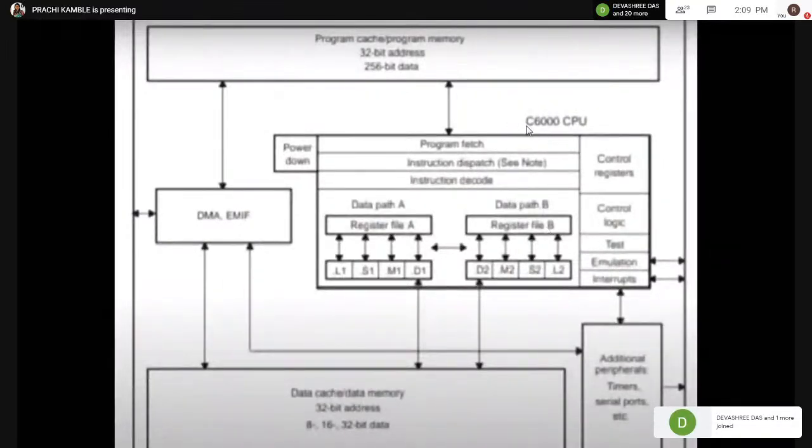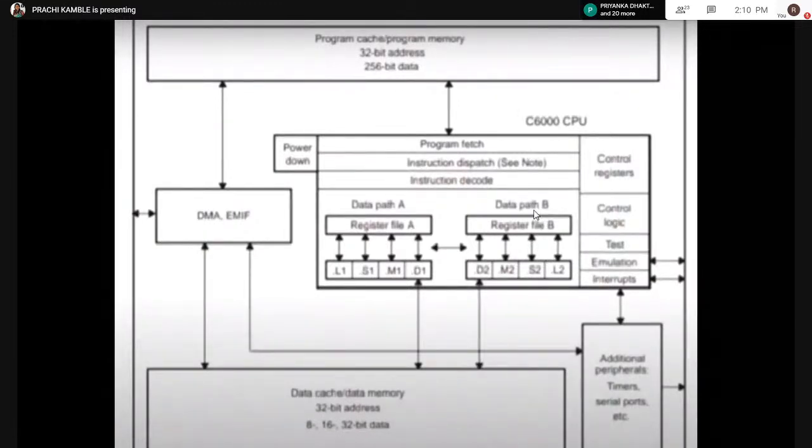The CPU belongs to the C6000 family, which supports all C6000 family CPUs. Okay, then there are additional peripherals, and this CPU has control registers as well as interrupt handling services. Okay, so these are the functional blocks present in the DSP architecture.